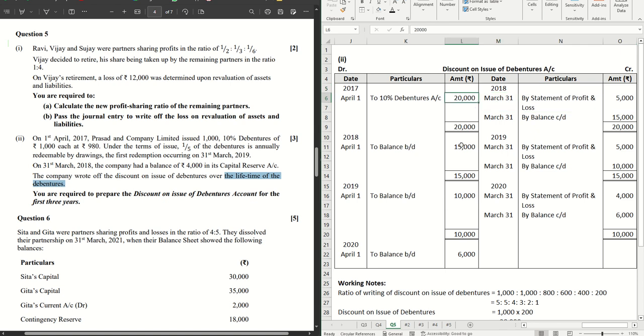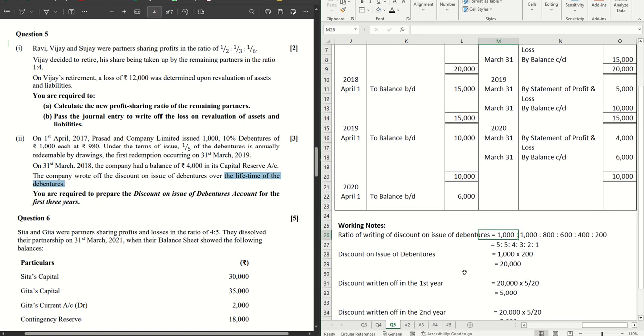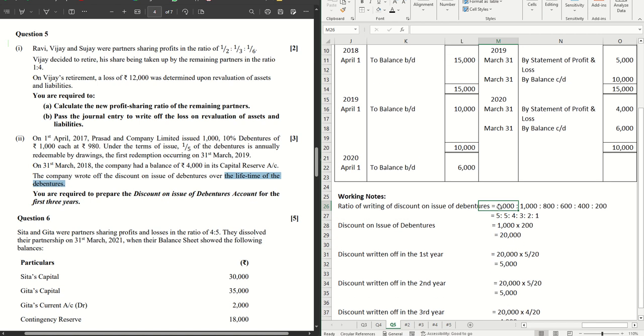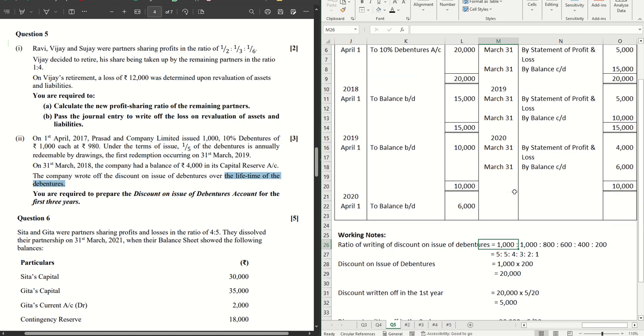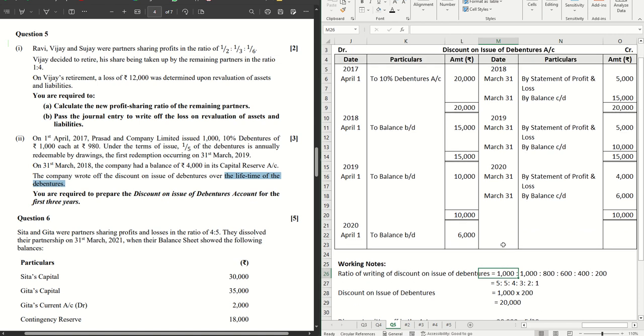Let's understand the ratio. If you see the working notes, at the end of first year, the number of debentures are 1000. At the end of second year as well, it's 1000 because the company is redeeming starting 31st March 2019. So first 2 years, the number of debentures remain the same.